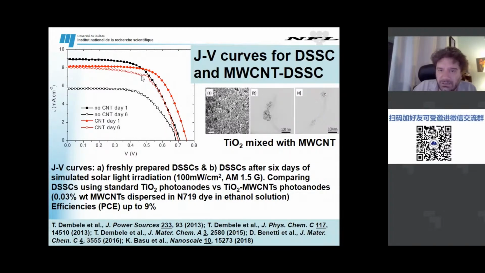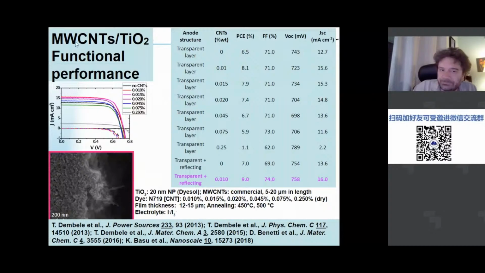Now, here you can see that we varied the percentage weight of carbon nanotubes in a fairly broad range, and we analyzed the performance parameters depending on the amount of carbon nanotubes. Basically, if the amount is too large, at 0.25% weight, then the performance parameters are quite bad overall.